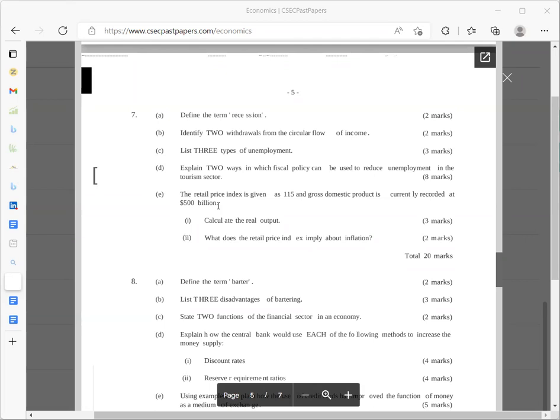E. The retail price index is given as 115 and GDP is currently recorded at 500 billion. Calculate the real output. So how do we calculate real output?